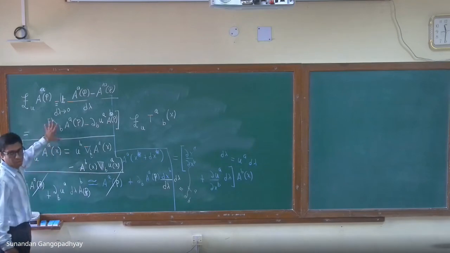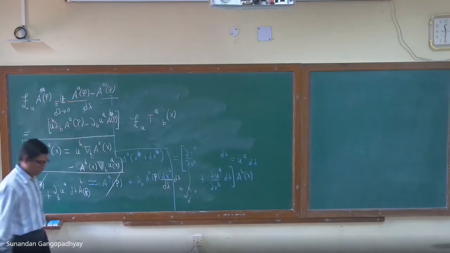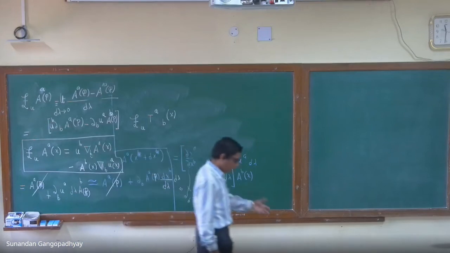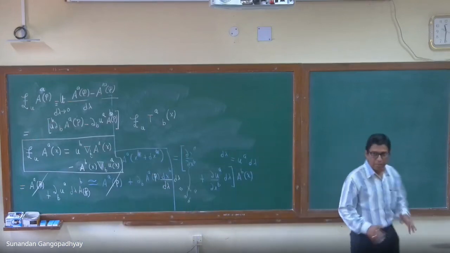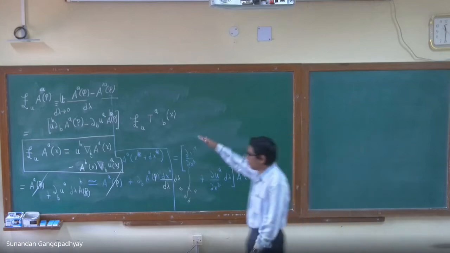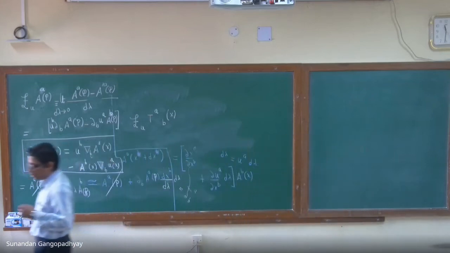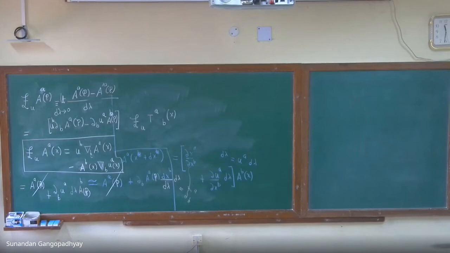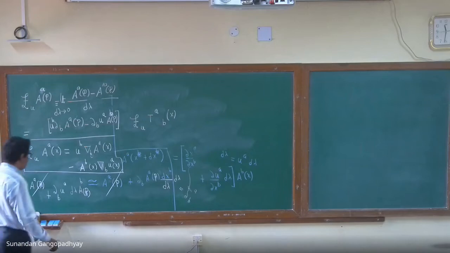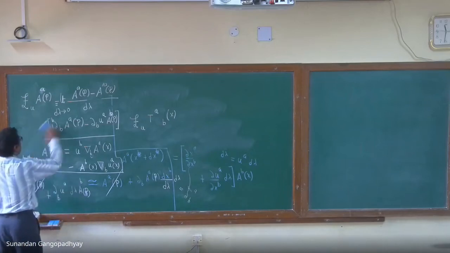But for this, so far, we have no such connection with physics. It's something mathematical. Let us introduce it, and this is the form of that. So now we shall straight away come to the geodesic equation.